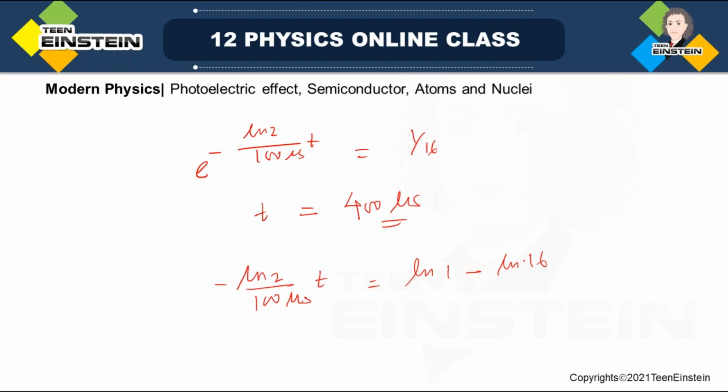So from here, look what we can further write. This will be t equal to 100 microsecond into ln16 by ln2.